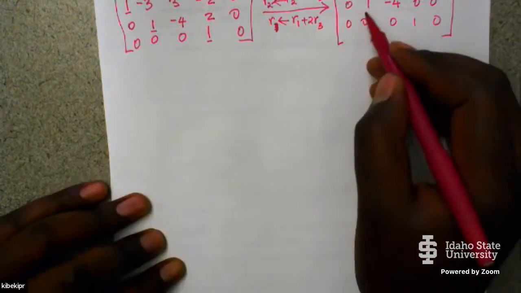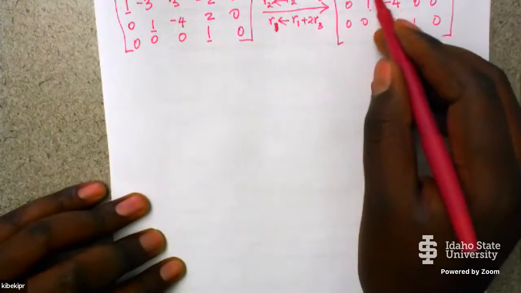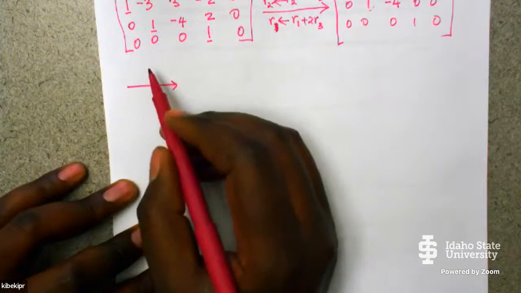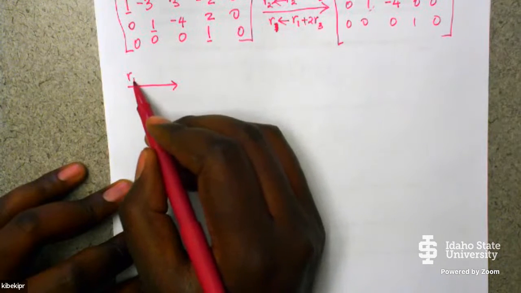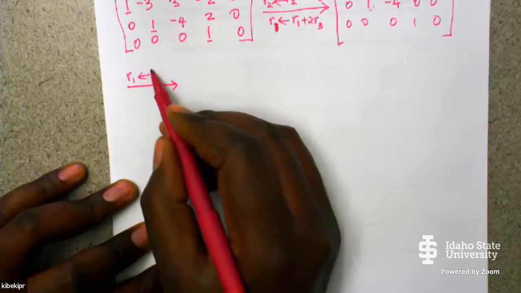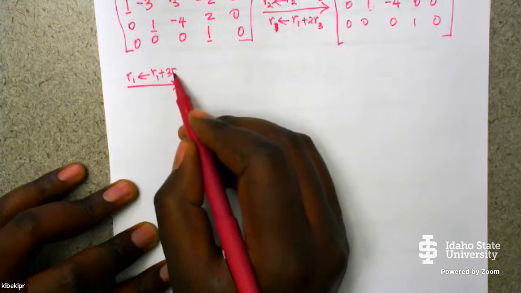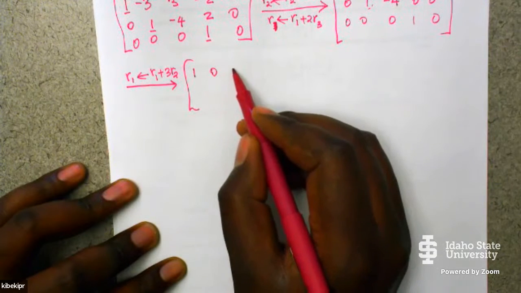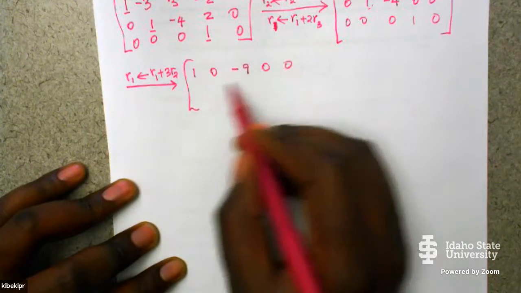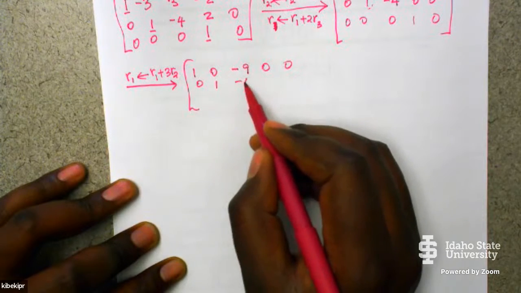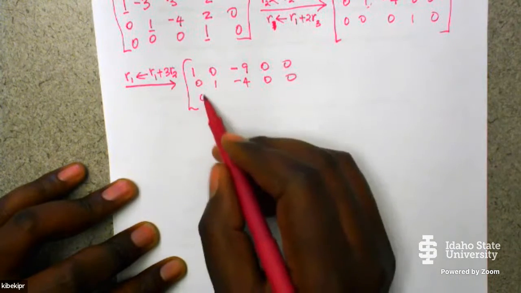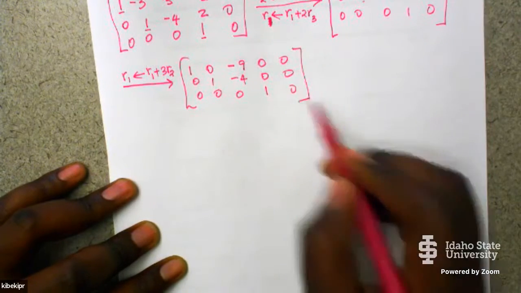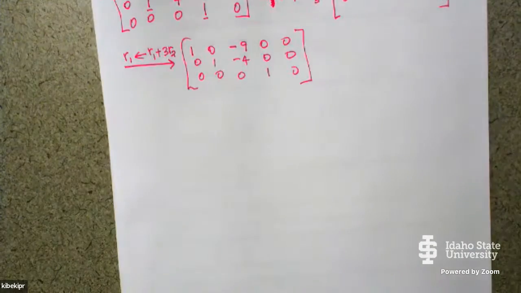So this is also our basic variable, and we need to make this one 0. To get our new R1, it is R1 plus 3 R2. So it is 1, 0, -9, 0, 0, and then 0, 1, -4, 0, 0, and then 0, 0, 0, 1, and 0. So that is what we get.